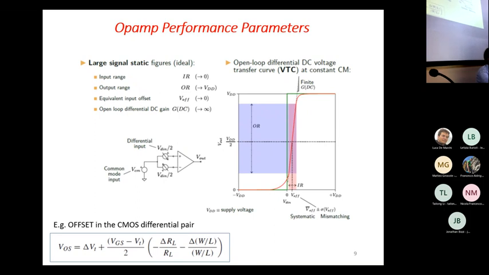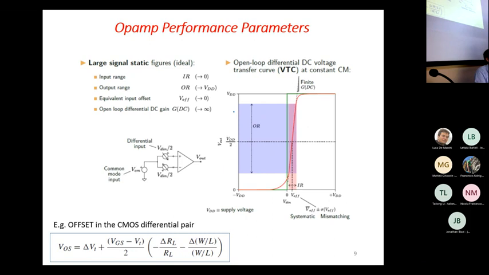Let's speak about non-idealities. First of all, in an ideal op-amp, the output range should be very large, possibly close to the global voltage swing available in our circuit, so let's say from 0 to VDD.